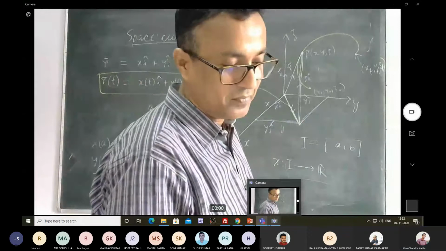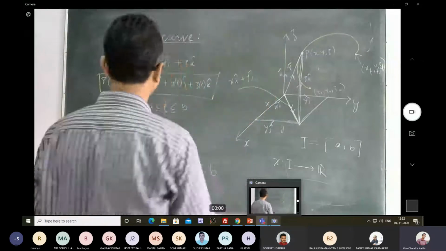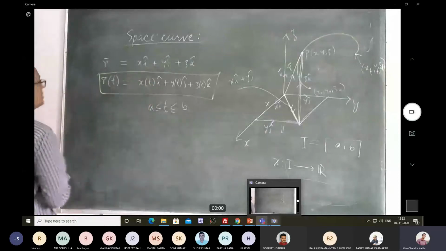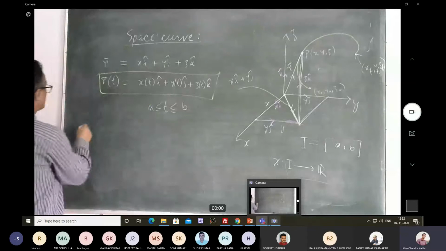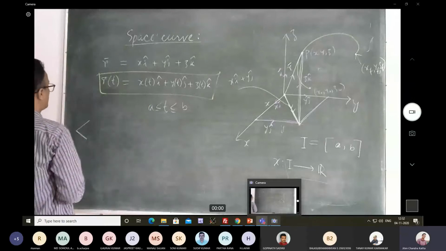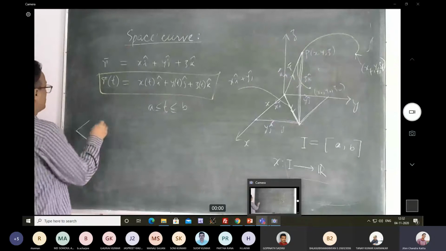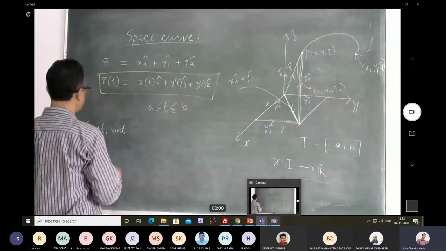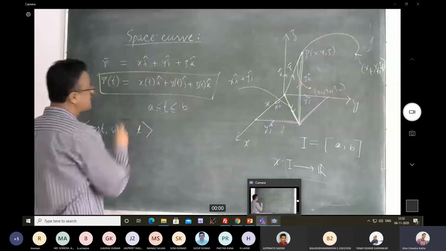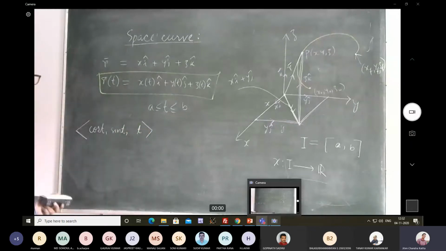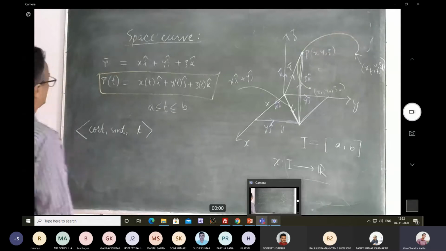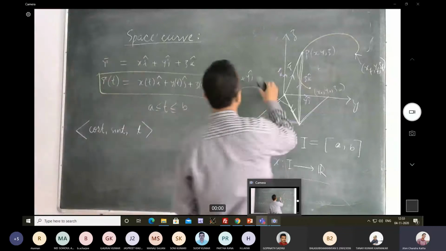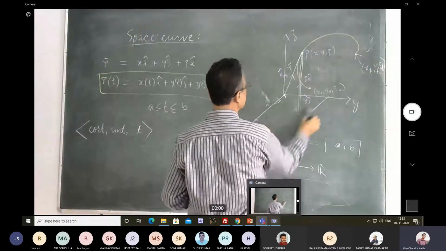Fine. For example, suppose I am considering the curve represented by the vector cos t, sin t, t, and suppose it starts at t equal to 0.